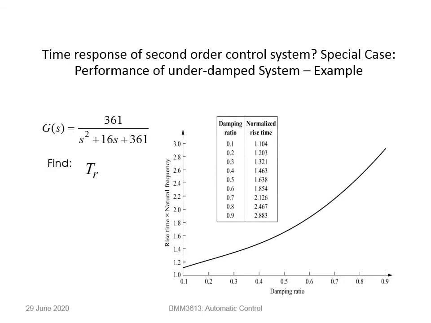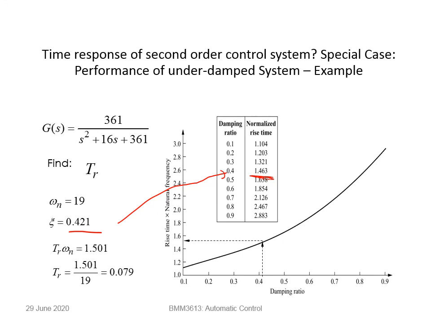And then how do you find the rise time? In order to find the rise time, we look at the graph that we have provided, and we know that our damping ratio zeta, calculated previously, equals 0.421. If we go to 0.4, we will have a normalized rise time at around 1.4, 1.5, right?